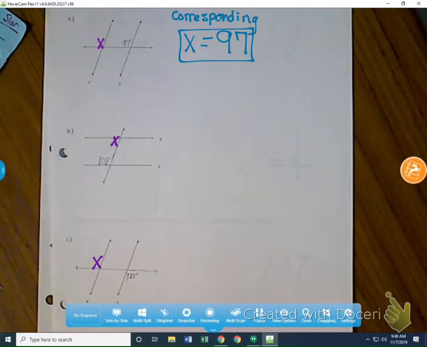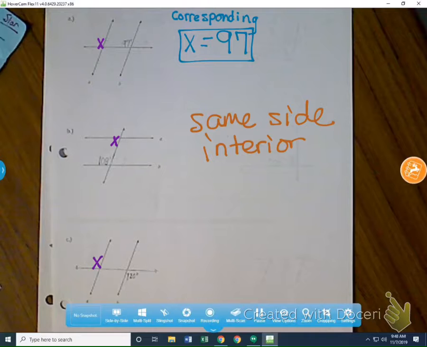Okay, what about for B? What type of angles are these? Same side interior. So same side interior angles are what? Supplementary. So these are going to add to 180. So X plus 108 equals 180.